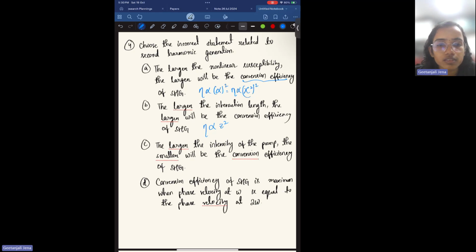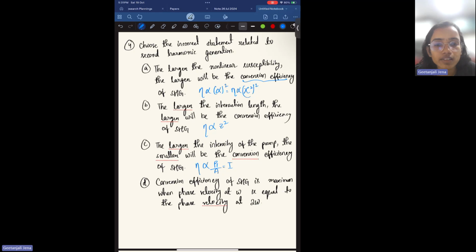Option C, the larger the intensity of the pump, the smaller will be the conversion efficiency of SHG, which is not correct. If you recall, eta is directly proportional to P1 by A, which is nothing but the intensity of the pump.